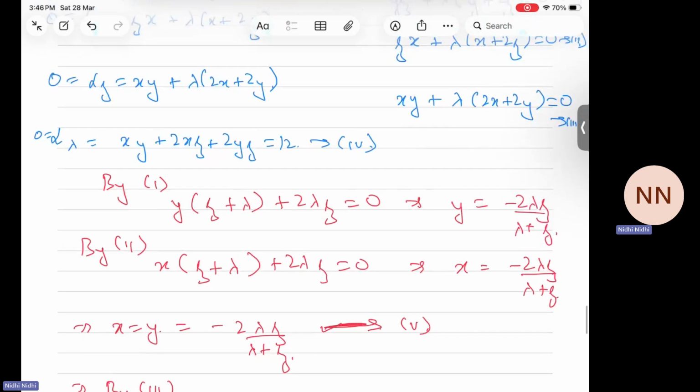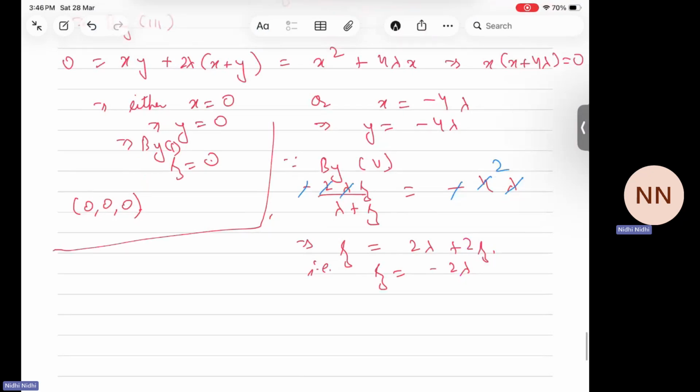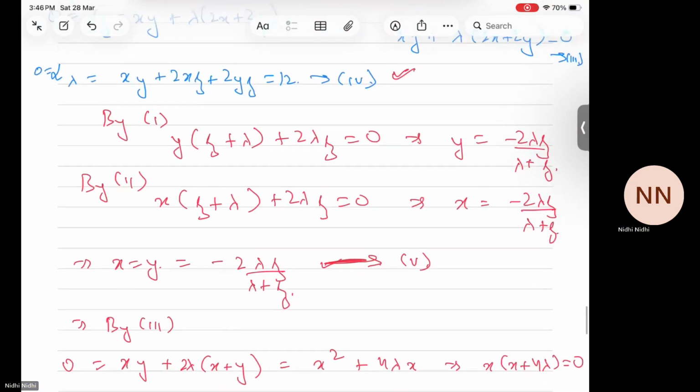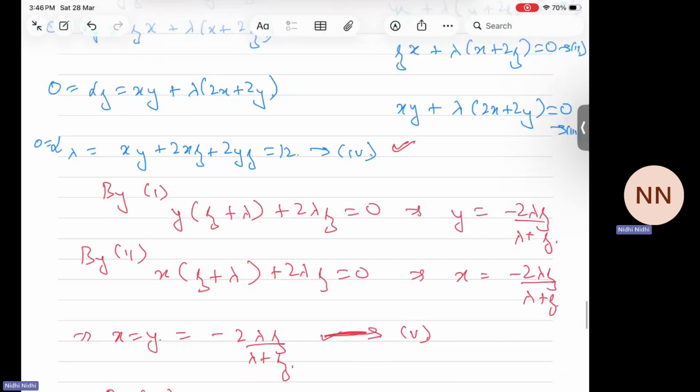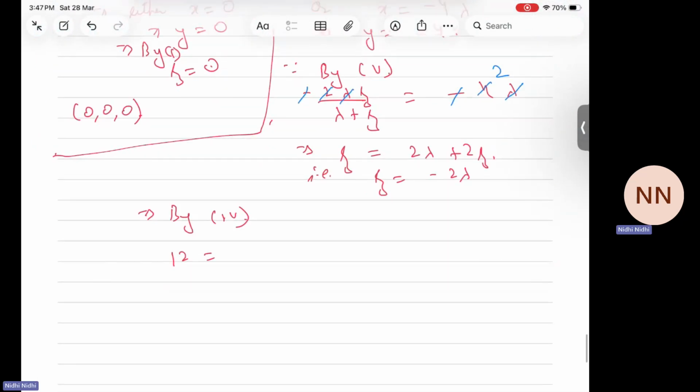Till now we haven't used equation number 4. So next we'll use equation 4. By equation 4, we have 12 equals xy plus 2xz plus yz.